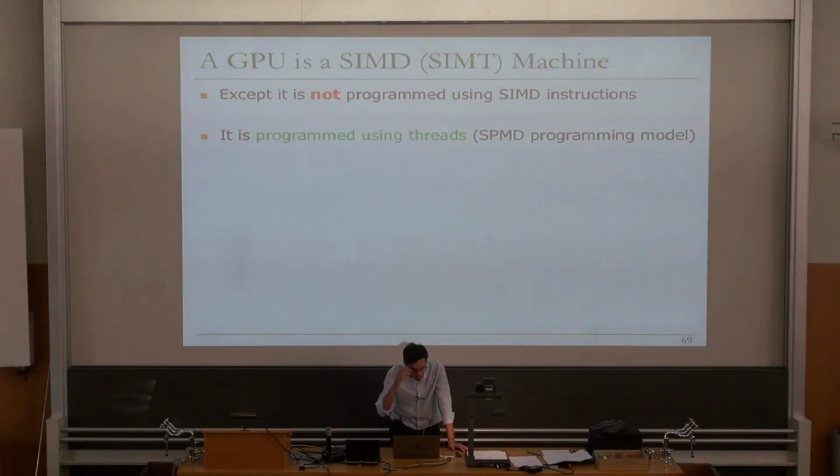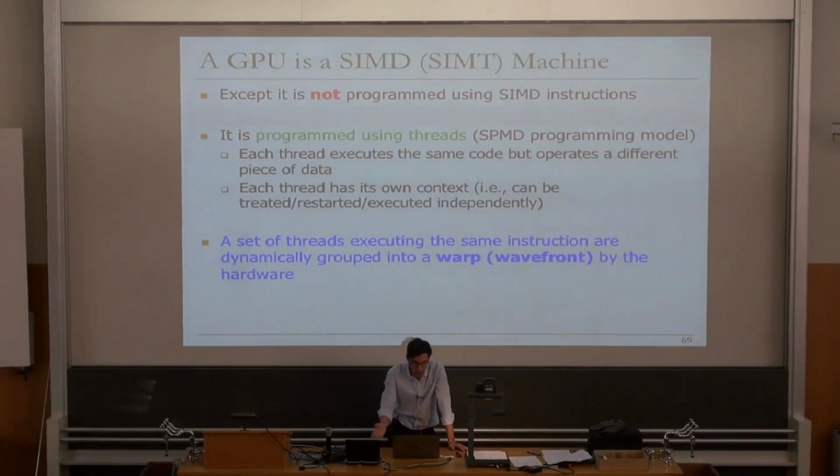Yeah, so GPUs are SIMD machines, SIMD processors, but instead of being programmed with SIMD instructions, they are programmed using threads. Each of these threads has its own context, so they can be treated independently. We are going to take a look at the details later.